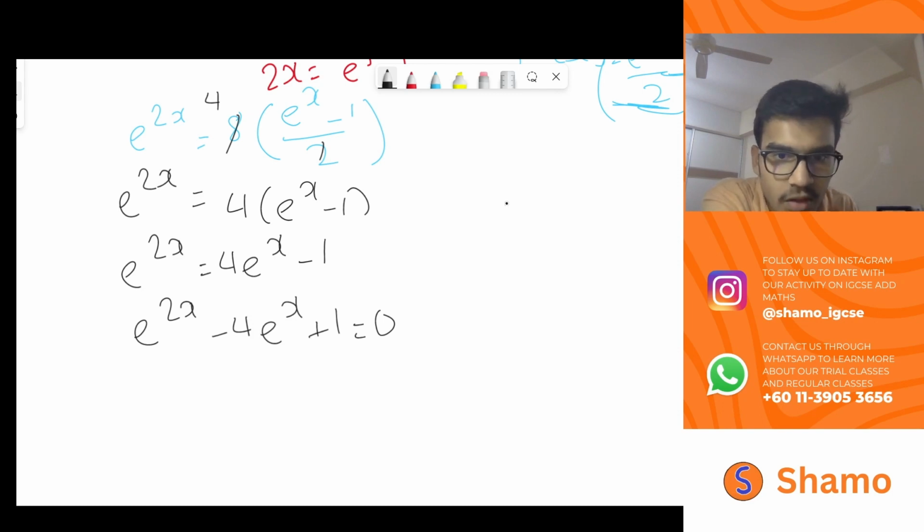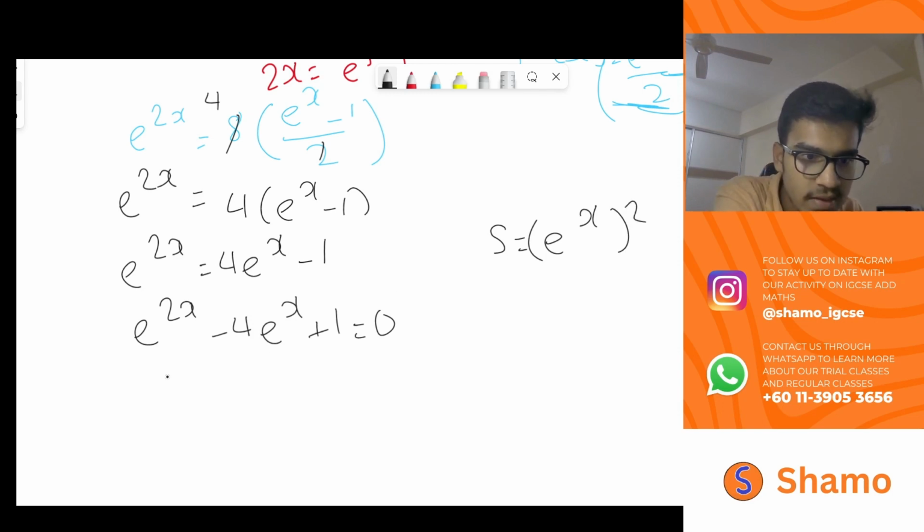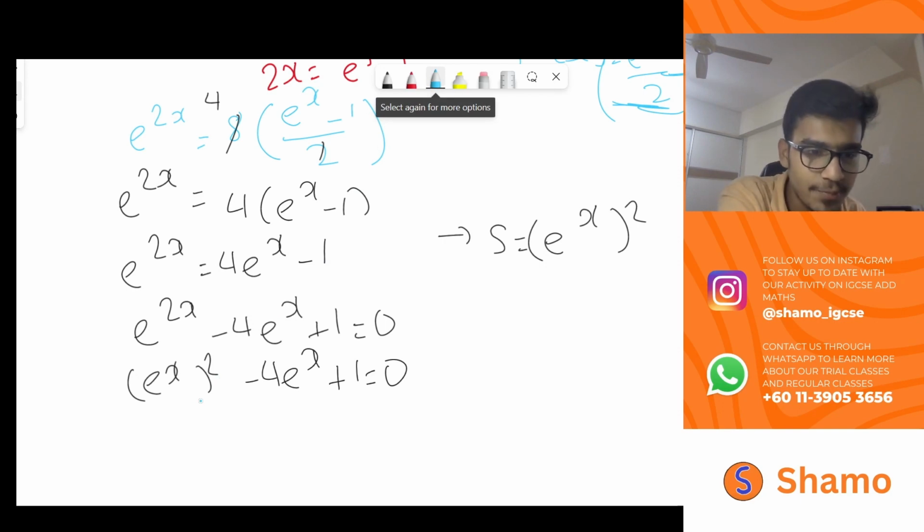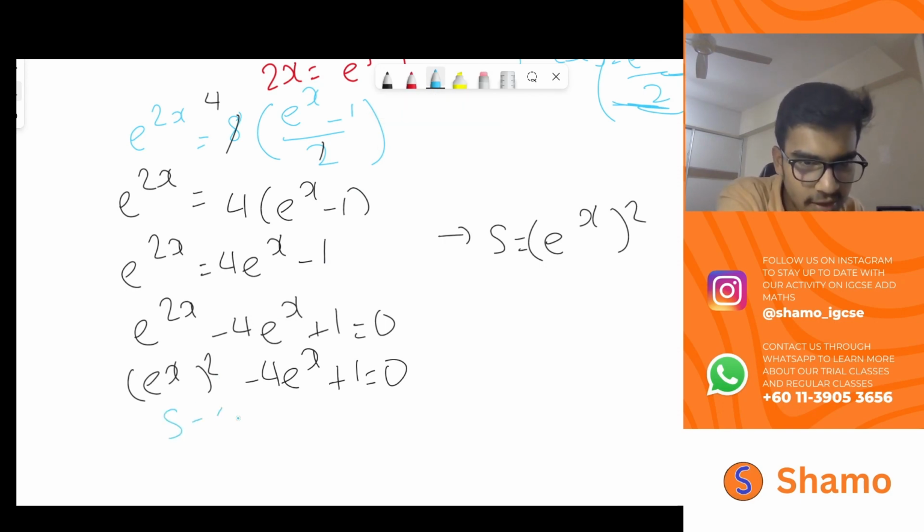I hope so. So simple, I'm just going to let s be equal to e to the power x. This is the same as (e to the power x) squared minus 4 e to the power x plus 1 equals 0. Since s is equal to e to the power x, by now we are pretty pro in this: s squared minus 4s plus 1 is equal to 0.